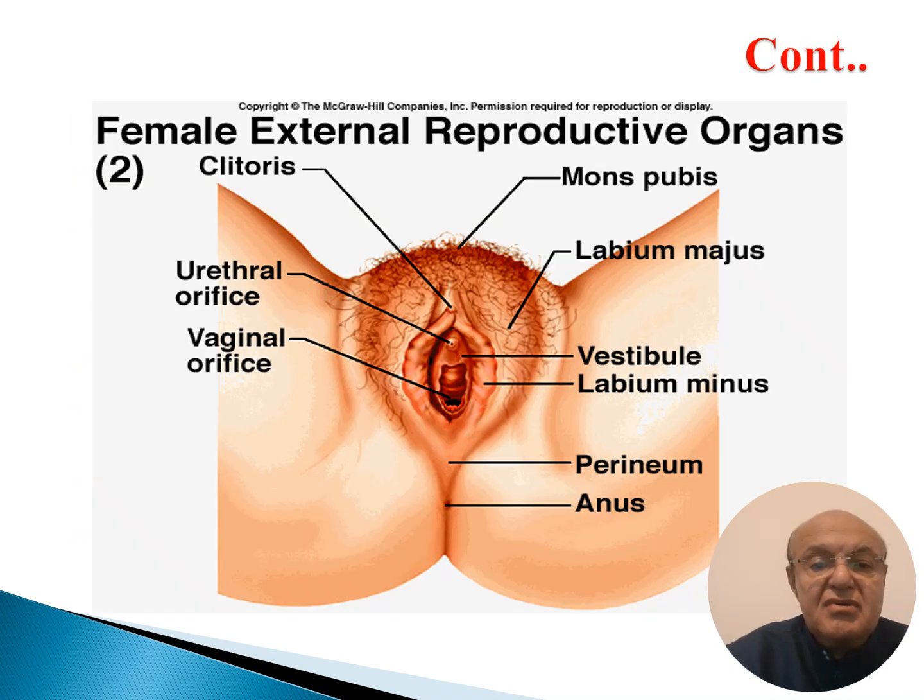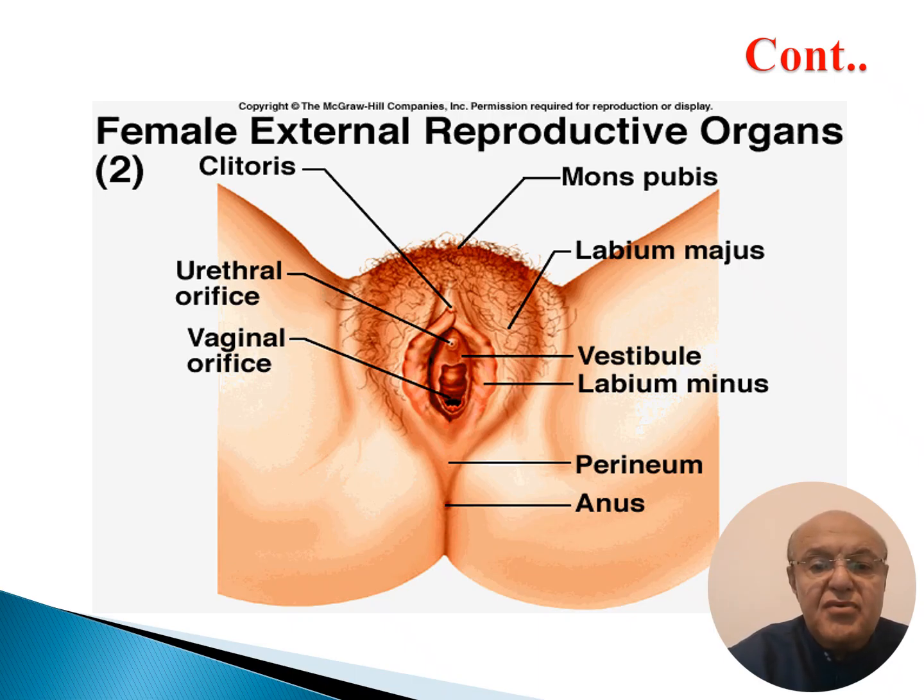This is the picture of the female external reproductive organs. The mons veneris is the area of skin and fat above the symphysis pubis, the pubic bone.